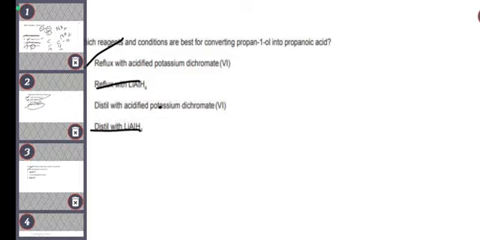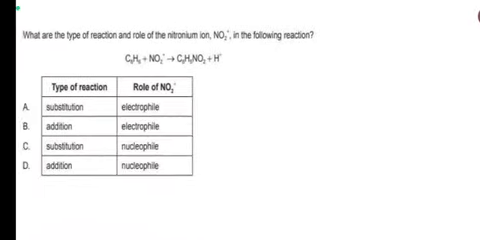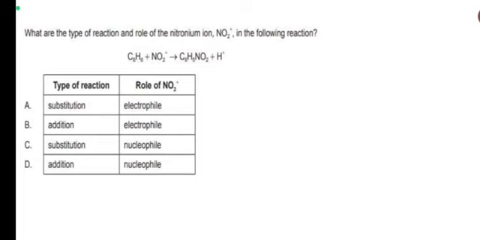Next question, which is question number 4. The question is about identifying the electrophile and the type of reaction, which is again a very important question. Most of the question papers have this question.